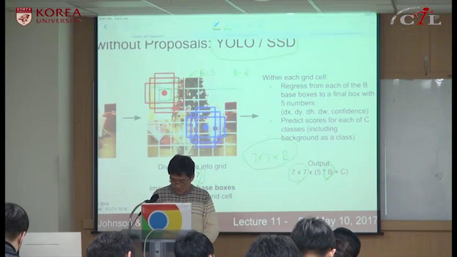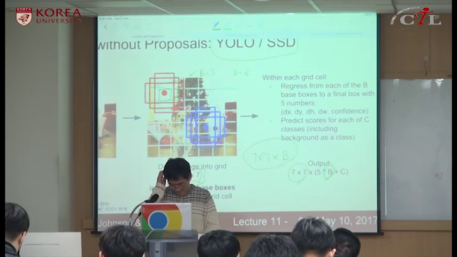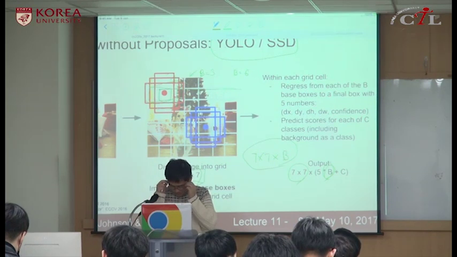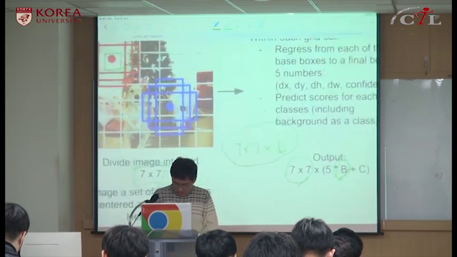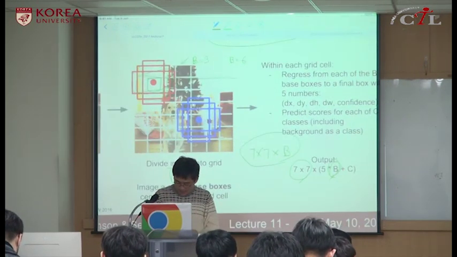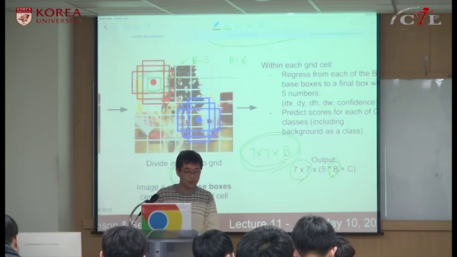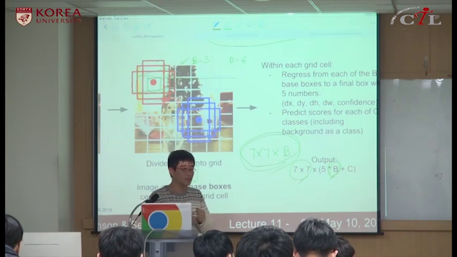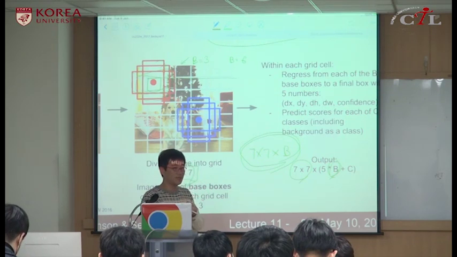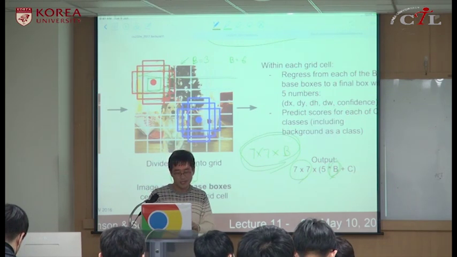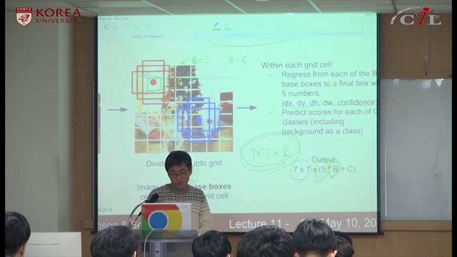Okay, so for each of them, we actually perform the exact regression in terms of the exact position of this bounding box, and that way we obtain these 5 different numbers to perform our regression on.